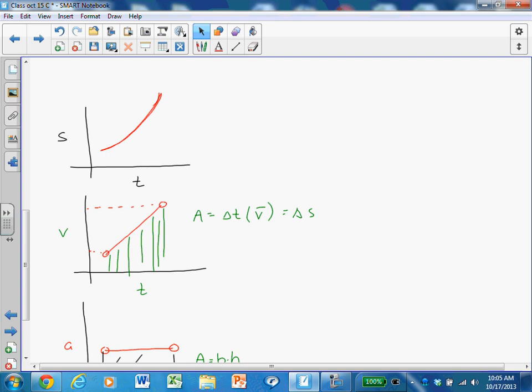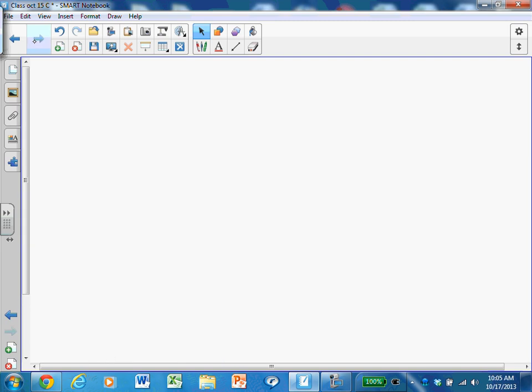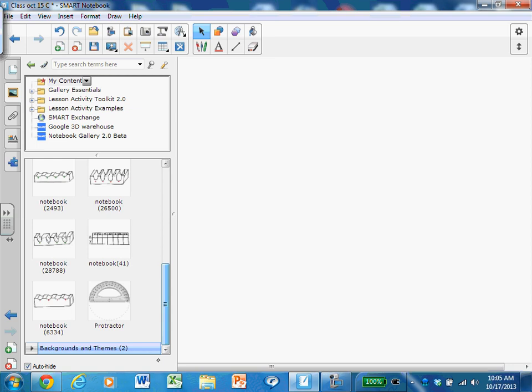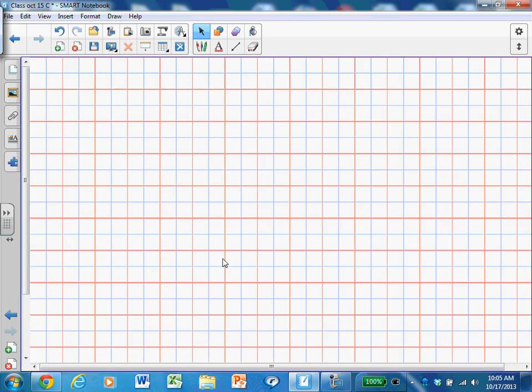So this is on page 16, and they give you a velocity versus time graph. All right, let me scroll down a bit.